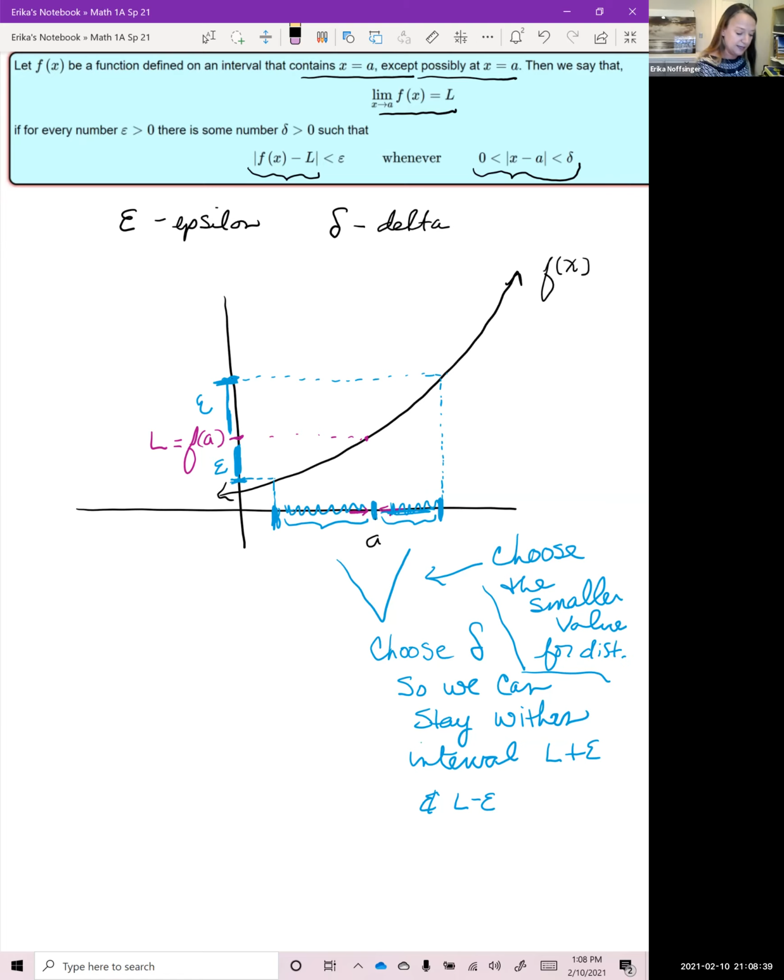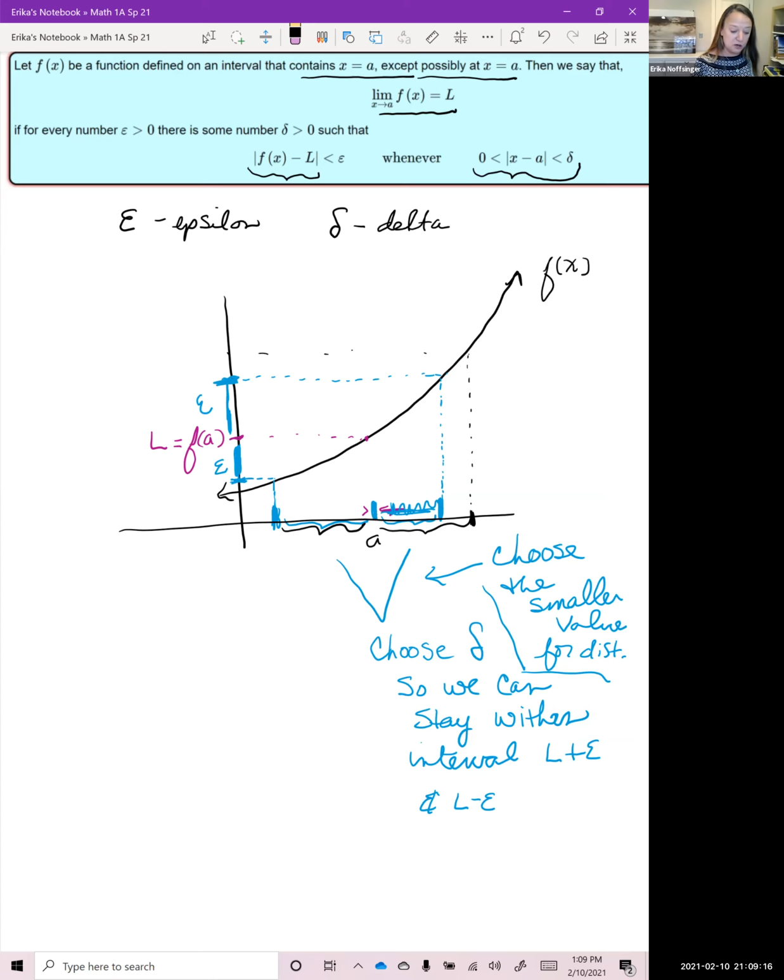Because for some reason, let's say that I'm looking at this and let's erase this. And I decided to choose my delta to be this bigger distance over here. Notice that if I add that distance onto this side, and I had chosen that to be my delta, when I come up to the graph, I am not within the boundary that I wanted to be.